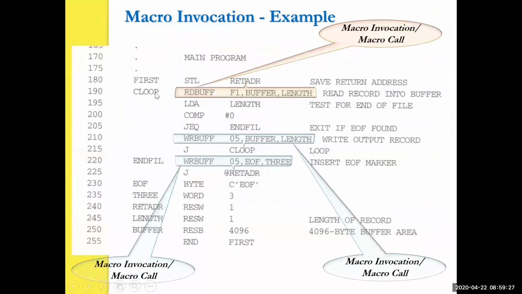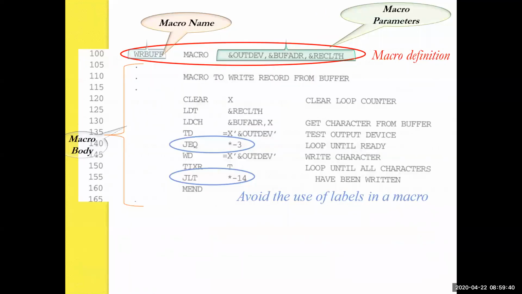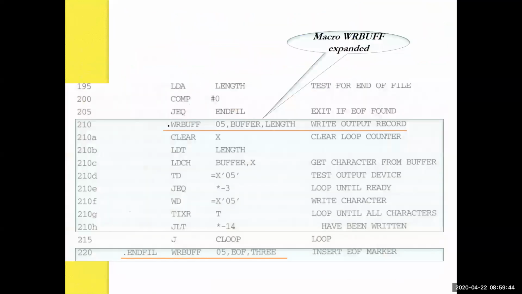So we will see the expansion for the macro invocation WRBUFF 05 buffer length. So the statements generated will be from CLEARX to JLT star minus 14. So we will just look into it here. Please note this is the second expansion corresponding to the macro invocation WRBUFF 05 buffer length. As you see here, the line itself is written to the expanded file as a comment line.